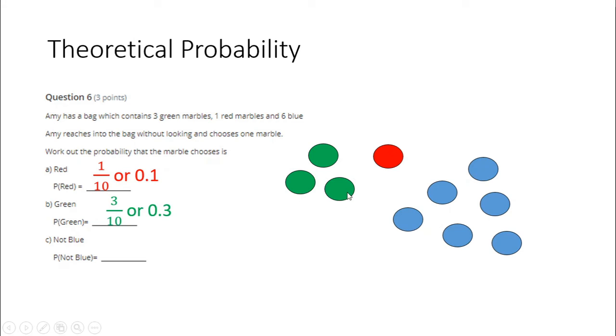I've got 1, 2, 3, 4 marbles that are not blue, out of a total of 10 possible outcomes, 10 possible marbles. So the probability that it's not blue is 4 out of 10, or as a decimal, 0.4. Notice I did not put this in blue here while I put this in red and this in green. This is not blue, any color but blue.